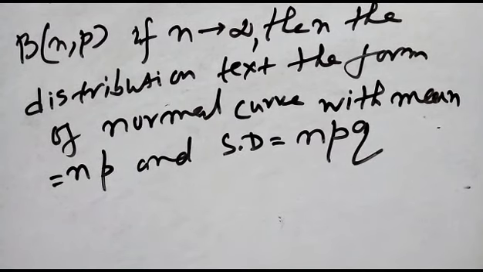The same is applicable for distributions like Poisson distribution, exponential distribution, chi-square distribution. The number of observations is very large, and the normal curve approximates these distributions quite efficiently.